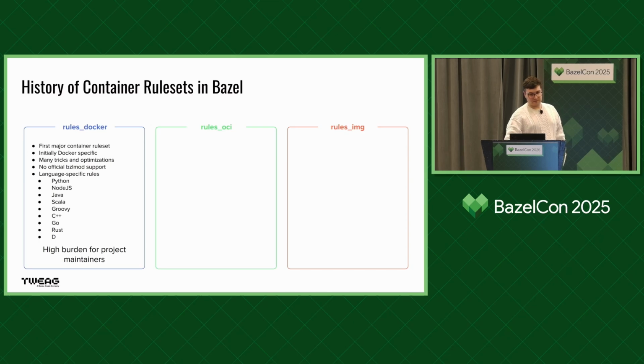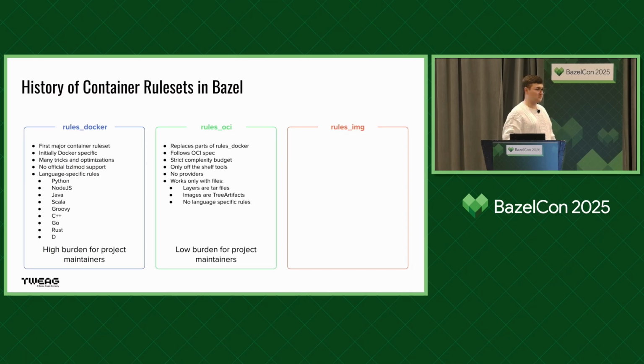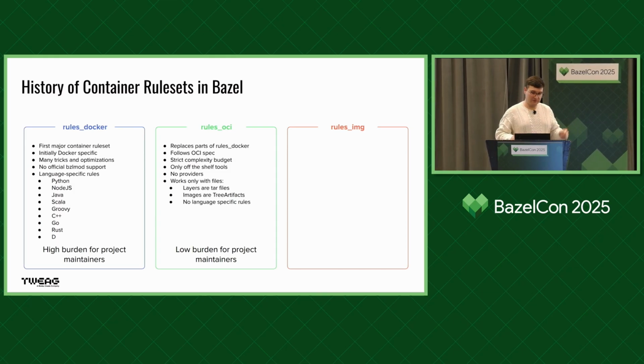As a way to work around this, we later got rules OCI. It replaces most of the parts that rules Docker offers, but not everything. It strictly follows the OCI spec that I introduced earlier. They decided to have a very strict complexity budget, only use off-the-shelf tools.